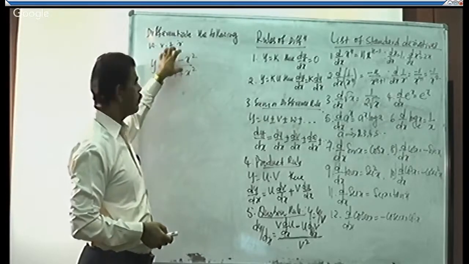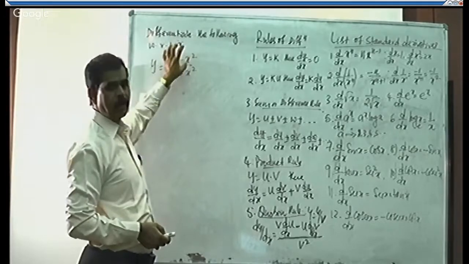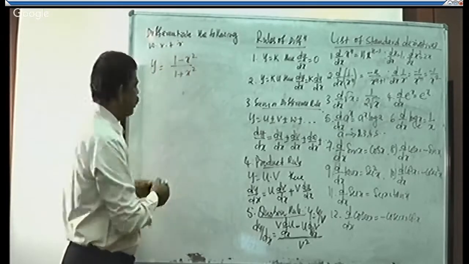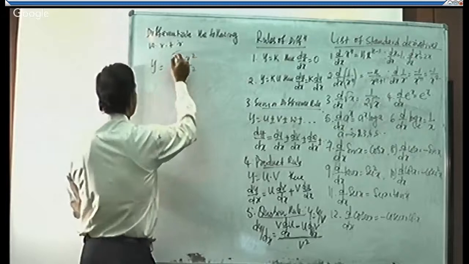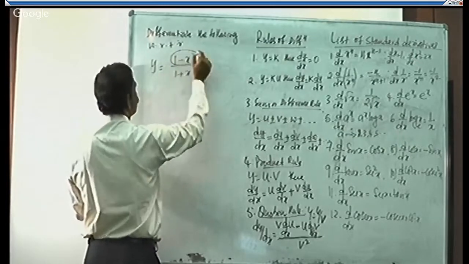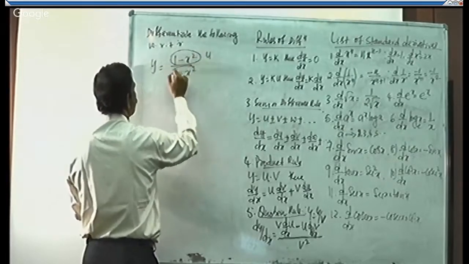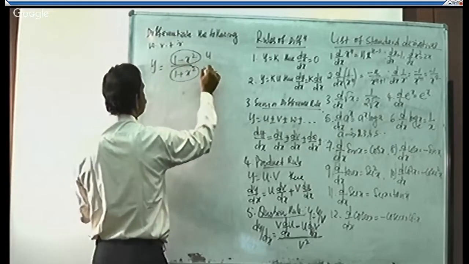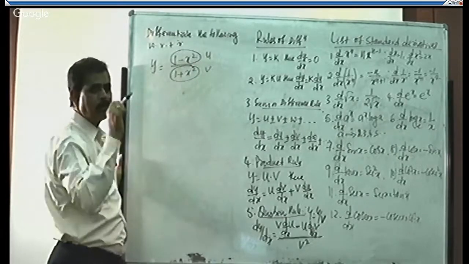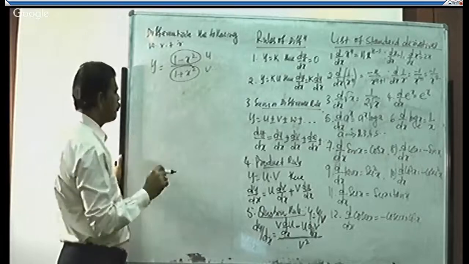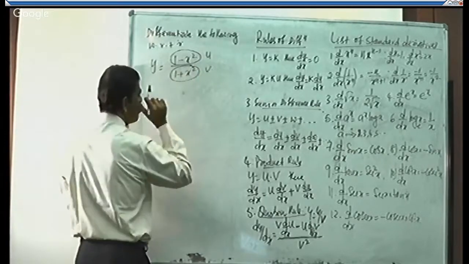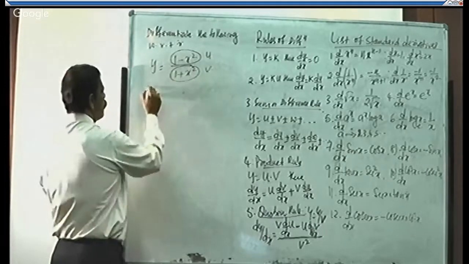Quotient form is numerator divided by denominator form. The whole numerator becomes u, the whole denominator becomes v. It is u by v form. Both should be in x terms. Now apply the rule.